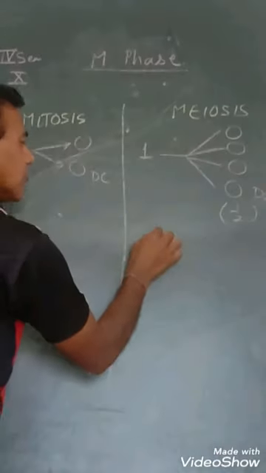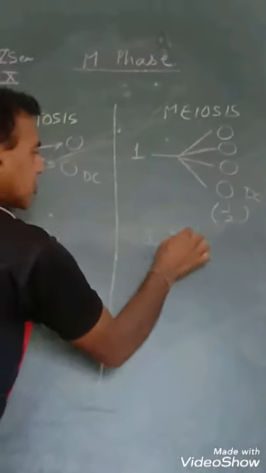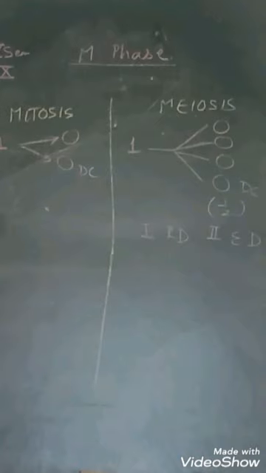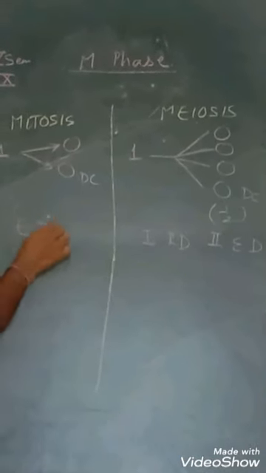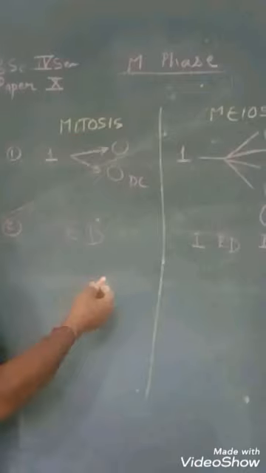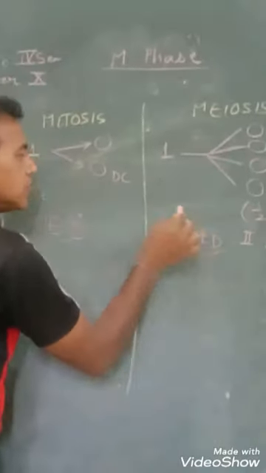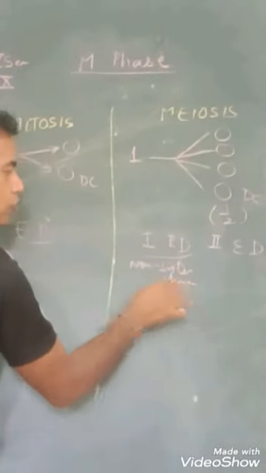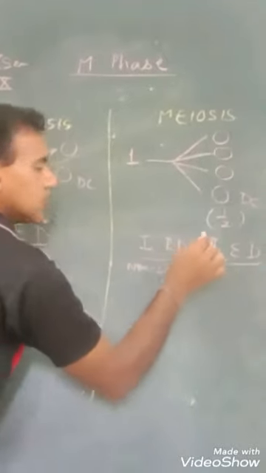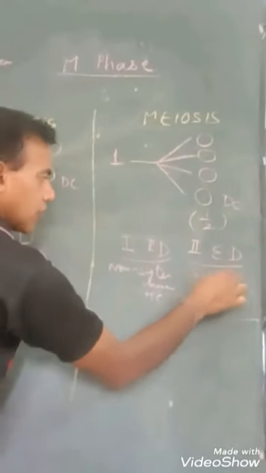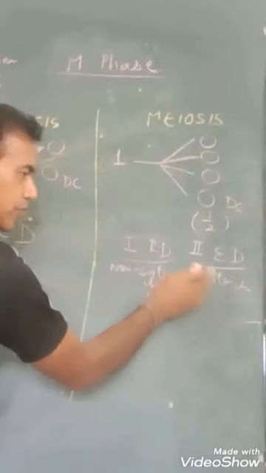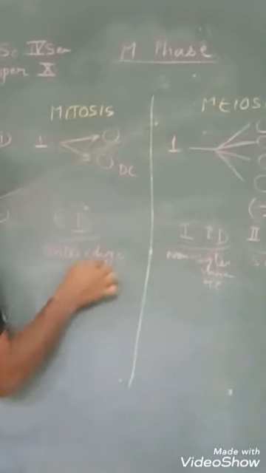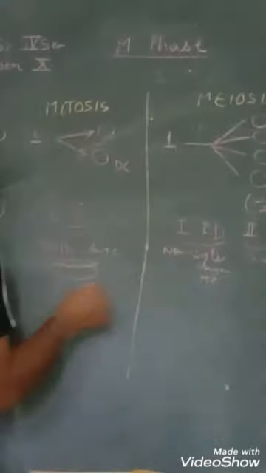In meiosis, the first division is reduction division and the second one is equational division, whereas mitosis is just equational division. In the first division, separation of non-sister chromatids of homologous chromosomes took place. In this, separation of sister chromatids of a chromosome took place.